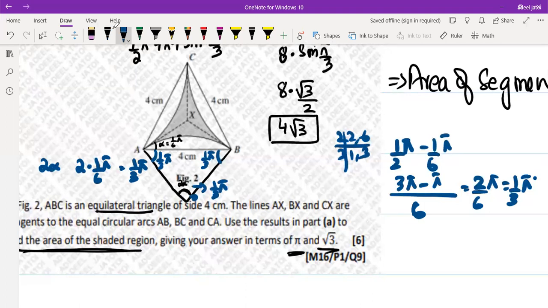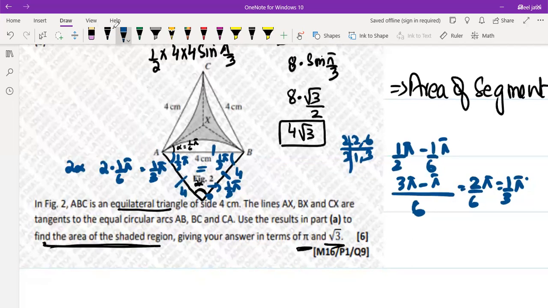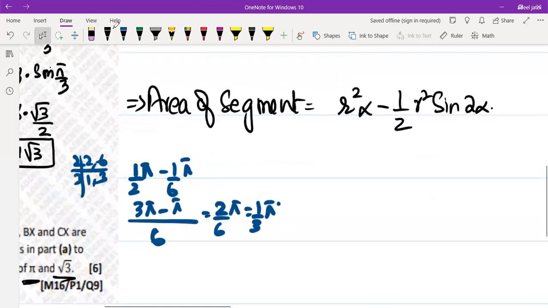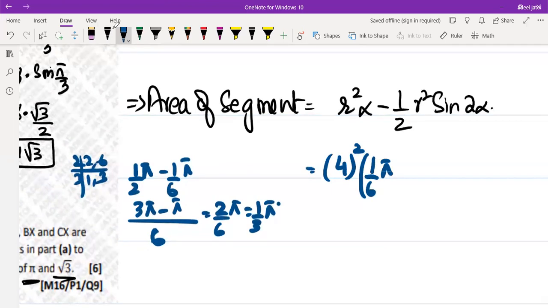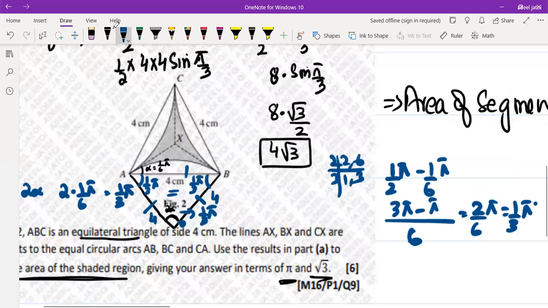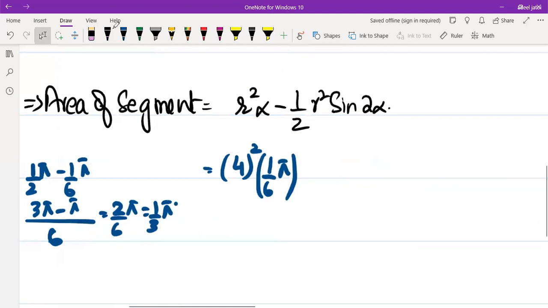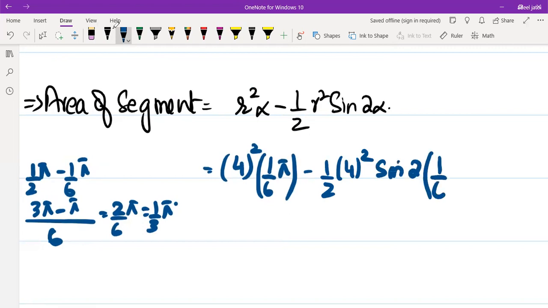So that means the entire triangle is an equilateral triangle again. So this should be 4 as well, since this is 4. So the radius is 4 and your alpha is 1 upon 6 pi. So 4 square times 1 upon 6 pi, minus 1 upon 2, 4 square sine 2 times 1 upon 6 pi.